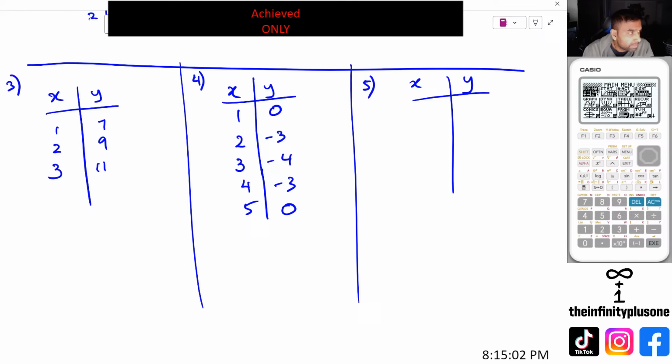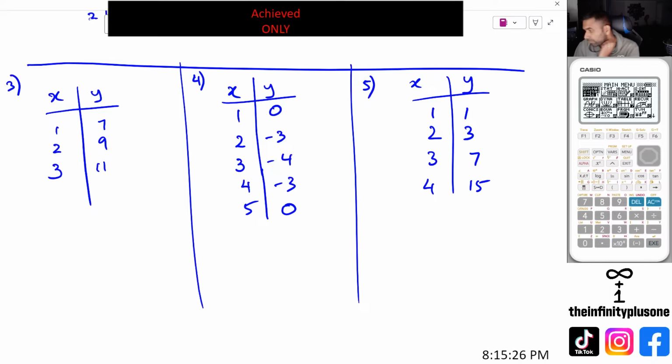Well, not the graph, but more like +2. No, let's go +3. Yeah, this is good. 1, 1, 2, 3, 3, 7, 4, 15.